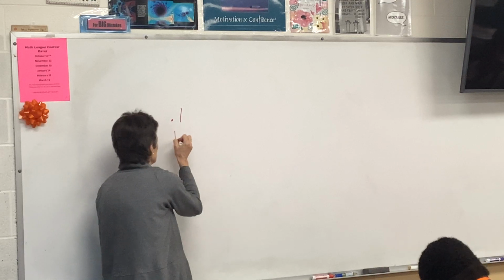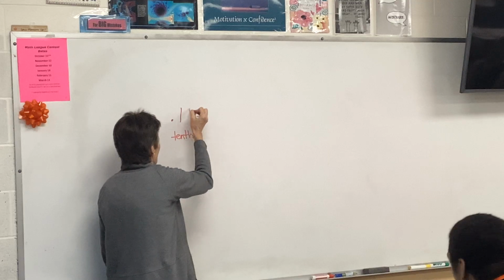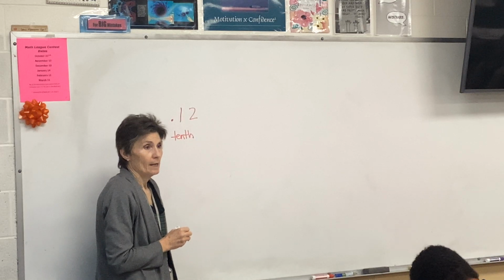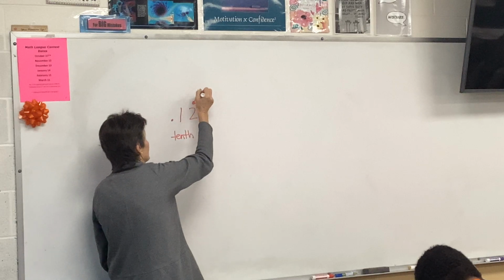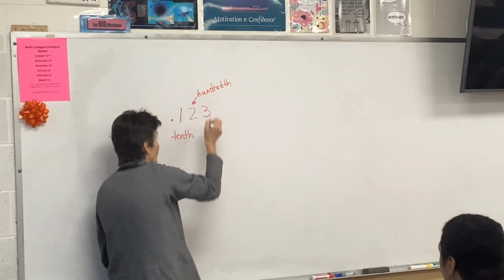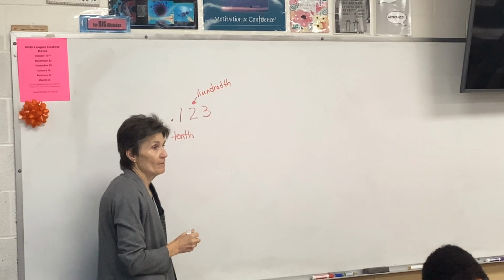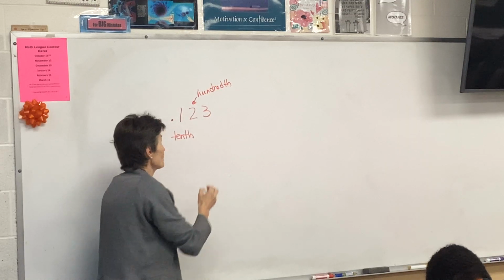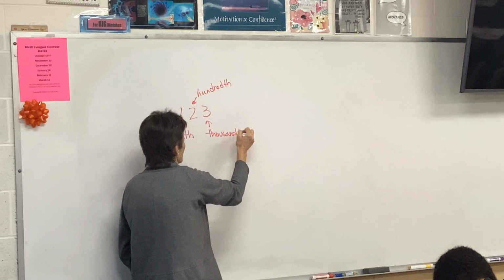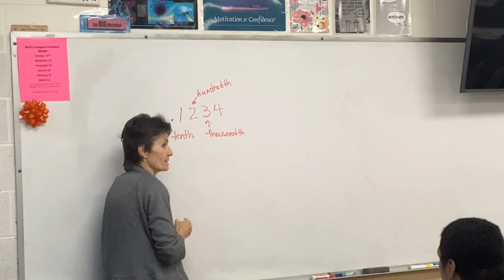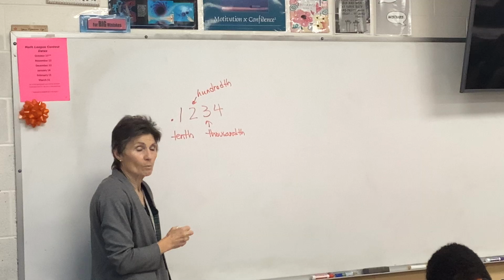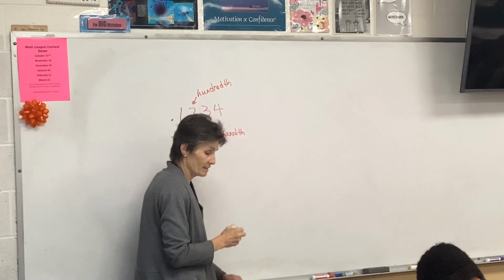How many places do I have now? 2. And that is the 100th. Now I have 3 places, and that is the 1,000th. And if I go 1 more, I'm going to have 4 decimal places, and that is the 10,000th. So we want 4 decimal places.